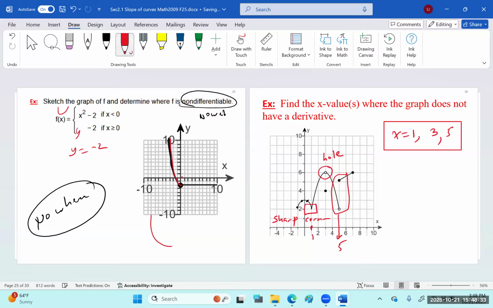And then y equals -2 is a straight line. So you go in a straight line here. So the parabola and the line, where they connect, how do they connect? With a smooth connection or with a rough, sharp connection? How do you see it? It's a parabola, and then the line is going on.